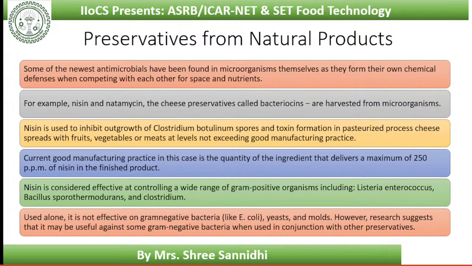So niacin is one of the examples which are used as preservatives in cheese preservation, right? So this niacin is extracted from some microorganisms, which produce it in order to defend from Clostridium species, Listeria species and Bacillus species.